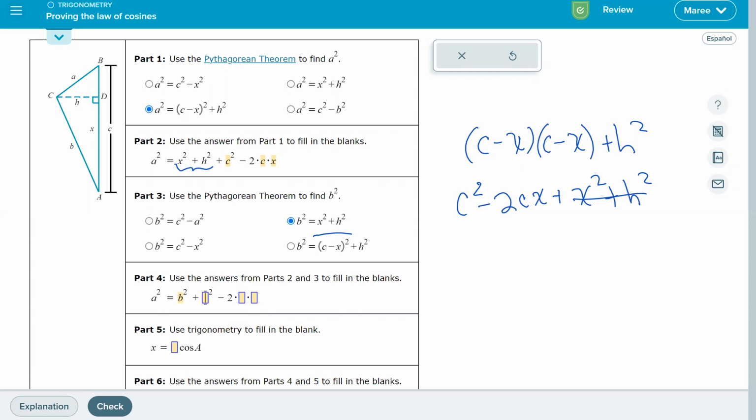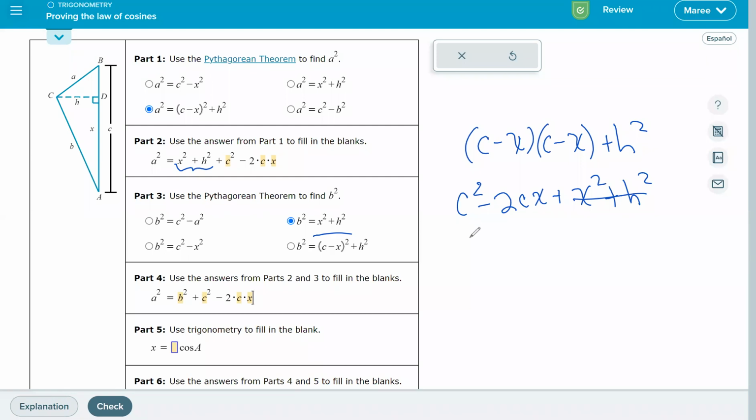And then we still have our c squared up here from part 2, minus 2cx. There we go.